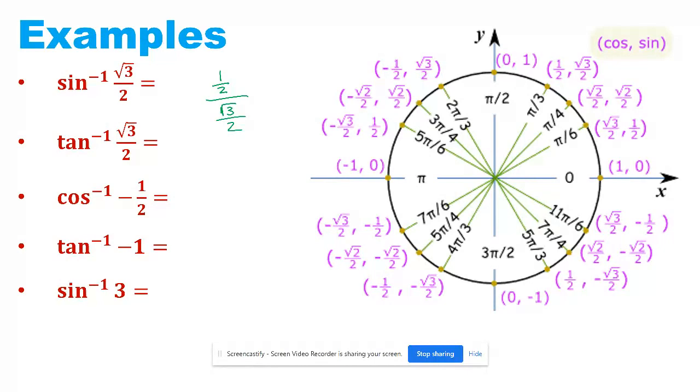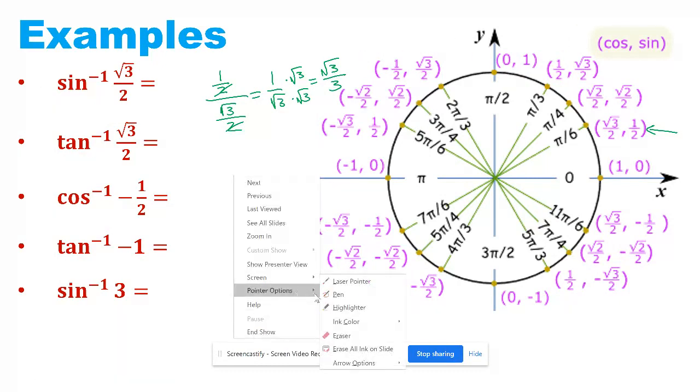So I'm finding the tangent of this angle. And the 2's cancel out, so I get 1 over square root of 3. I rationalize the denominator, and I end up with square root of 3 over 3. So tangent of that angle right there is square root of 3 over 3.